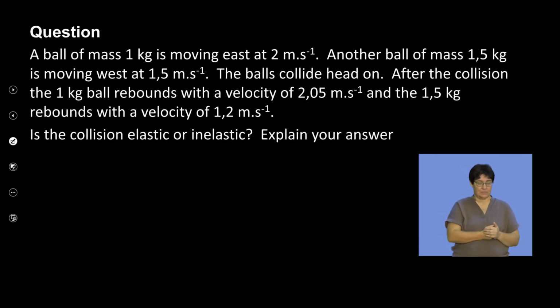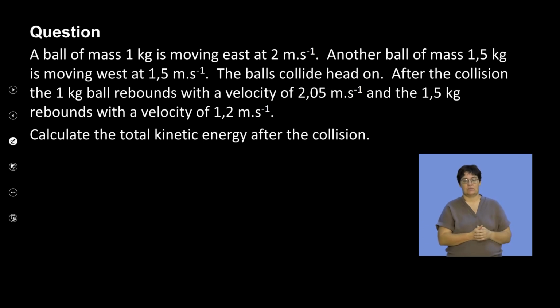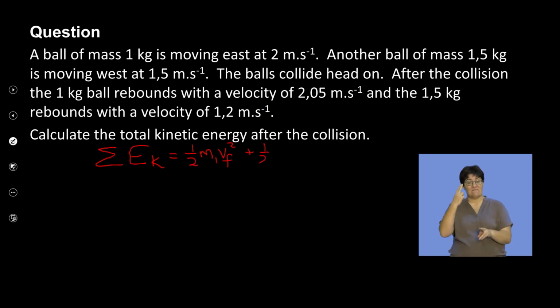Now they say, oops, I skipped this page, the kinetic energy after the collision. So I'm going to do exactly the same thing. I'm going to calculate, but now I'm looking at final velocity squared.